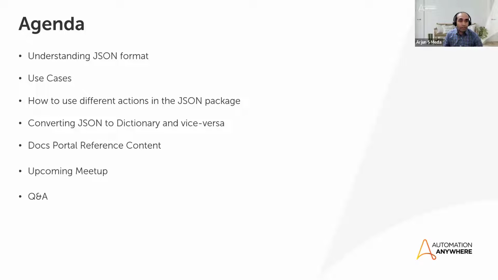So that's where we will show you some use cases. How is it super useful? There are variations of JSON format. It can be as simple as a very small one, or it can be a super complex one too. So we'll look at how different JSON formats are available and how you can deal with all these in our automations.